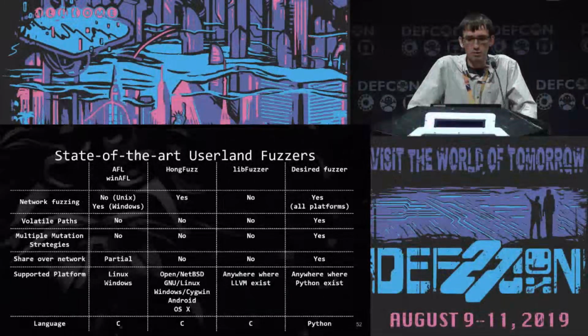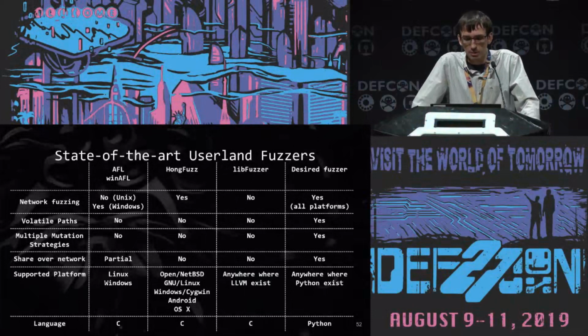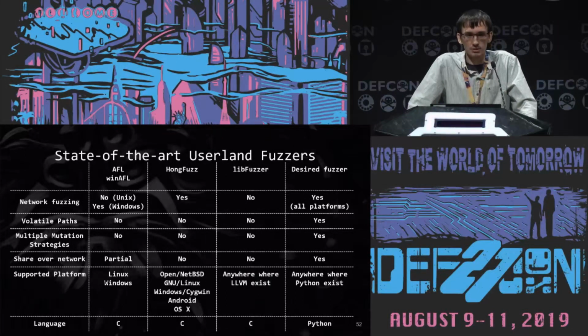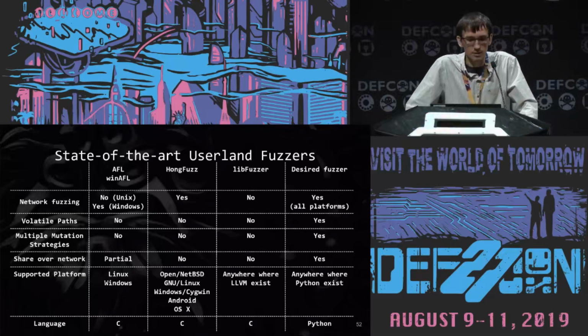At the same time, it should be able to address the volatile path problem and be able to support data mutation with multiple fuzzing strategies in one fuzzing campaign. Of course, this fuzzer should also support functionalities that already exist in modern fuzzers, such as allowing the user to provide a custom mutation algorithm to implement specific fuzzing strategies, or even enable structure-aware fuzzing, which is a very, very promising technique today.